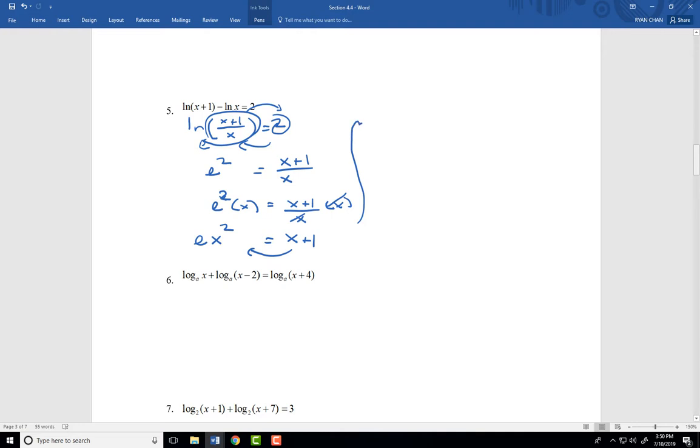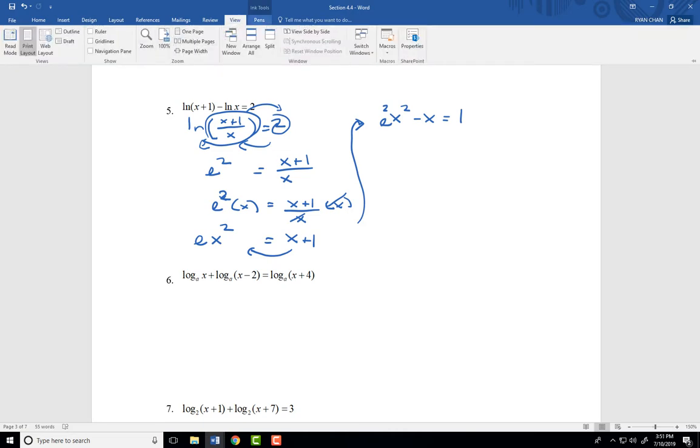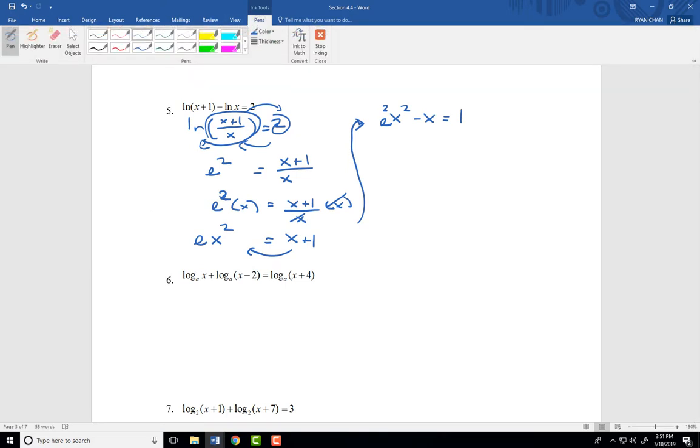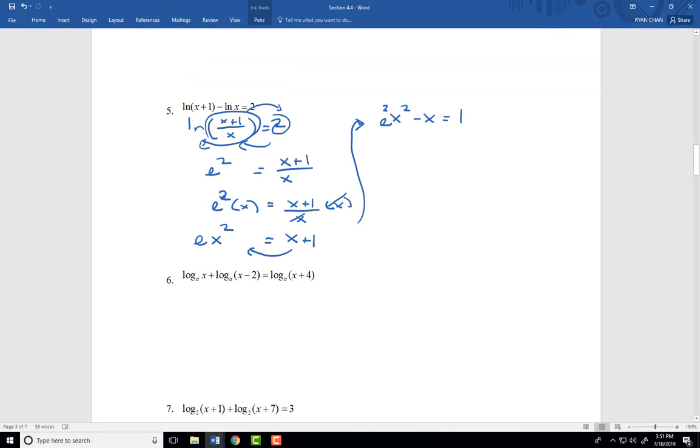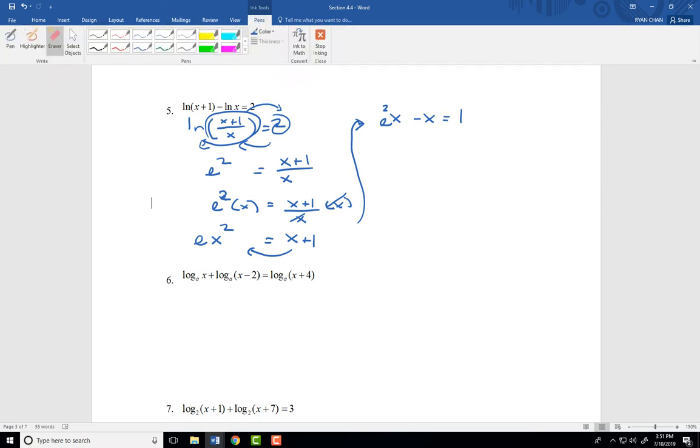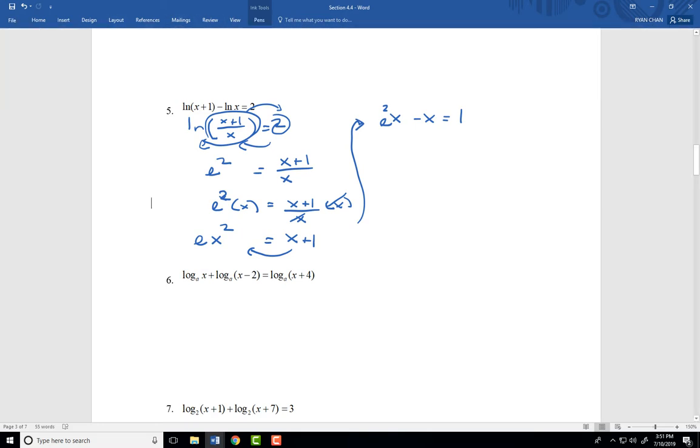So this becomes e squared times x minus x is equal to 1. Sorry, e squared times x, my apologies. So I can pull an x out. So this is x times (e squared minus 1) is equal to 1.